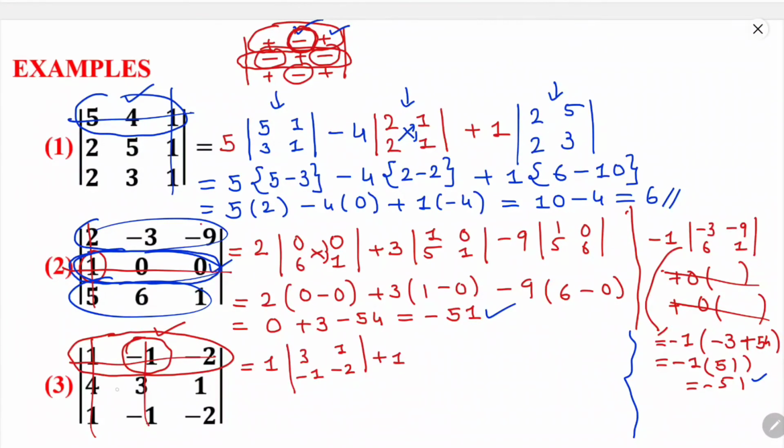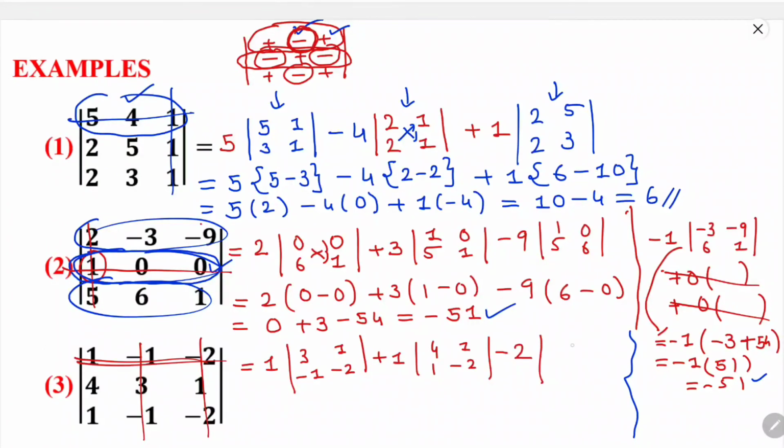Then hide minus 1, what we see, 4 1, 1 minus 2, and last minus 2, hide minus 2, 4 1, 3 minus 1.